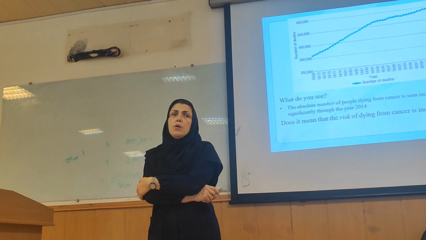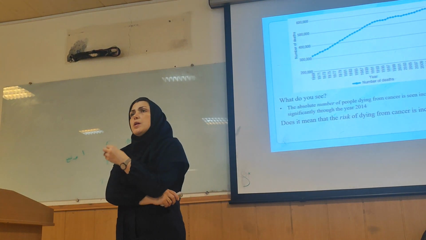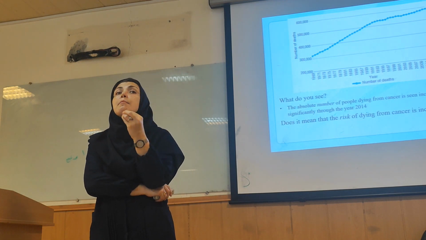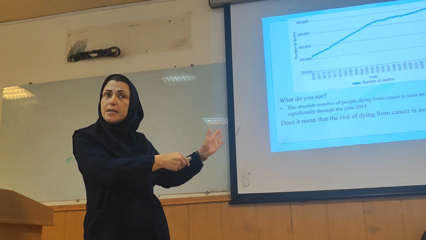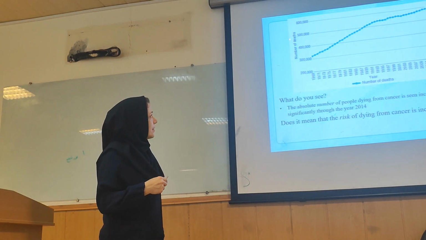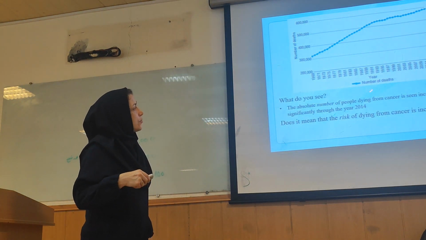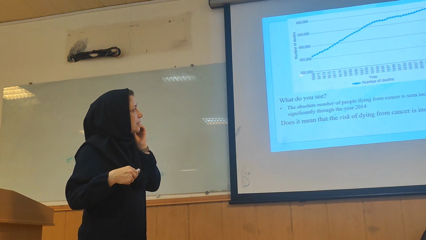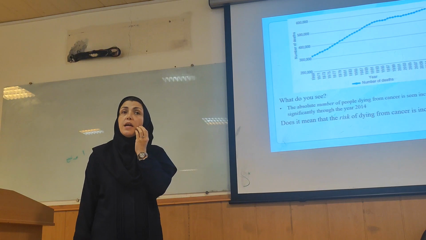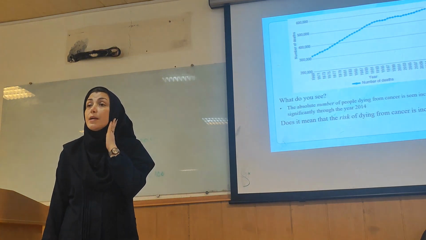I don't want to say anything about the rate of mortality from cancer among cancer patients. It is related to the total population. I tell you that the number of deaths due to cancer is increasing during these years. But maybe the population is increasing, so we can't tell.